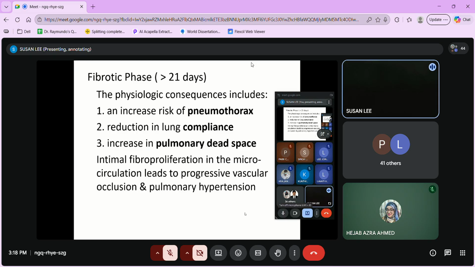And because of the fibrosis, the lung would further be harder to inflate, and there would also be an increase in your pulmonary dead space ventilation. Okay, so this would be the consequence of these changes. And there is intimal fibroproliferation in the microcirculation, leading to progressive vascular occlusions and further development of your pulmonary hypertension.